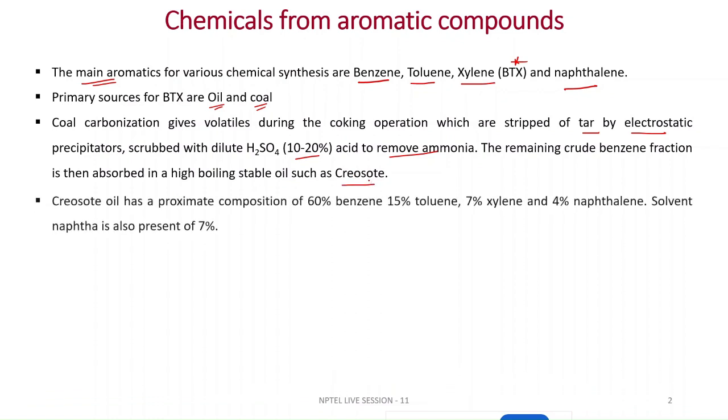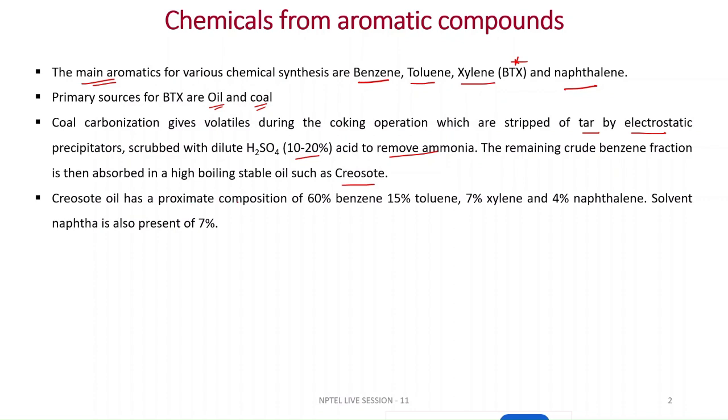Then this creosote oil has a proximate composition of BTX. The composition is 60% benzene, 15% toluene, and 7% xylene, and the rest, around 4%, is naphthalene, and solvent naphtha is also present at around 7%.